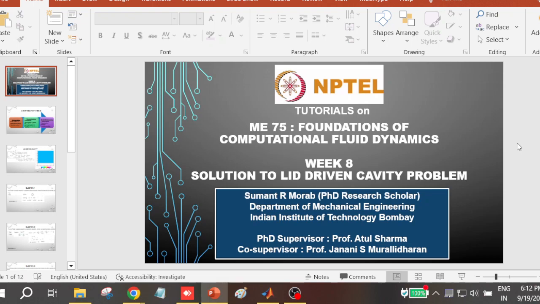For most of the simple problems you can just go with an explicit Euler kind of time marching, that will not create a problem. But when you are trying to solve a difficult problem, you need to take these factors into account. That is what I would suggest.